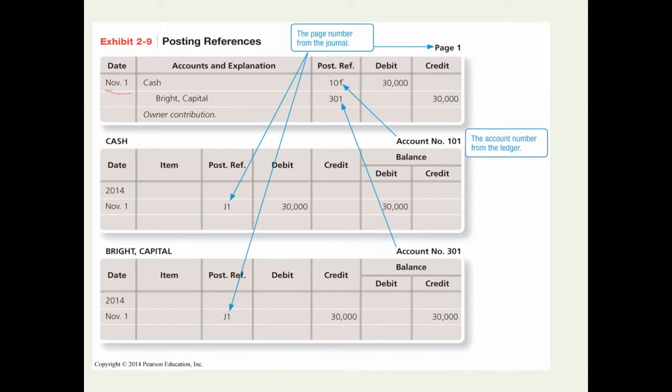When that is posted, the posting reference is the ledger account number. Cash is account 101. And by the way, here's the explanation: owner contribution or issued common stock.